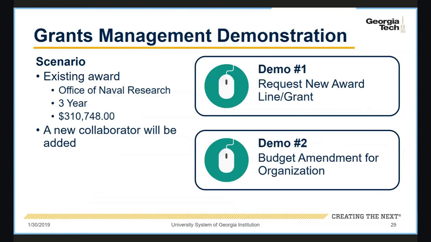The first demo will use the request framework that Don talked about, and we'll request a new award line or a grant. The second demo will utilize the budget amendment for organization function, in which we'll move the money from the prime grant down to this new award for the collaborator.